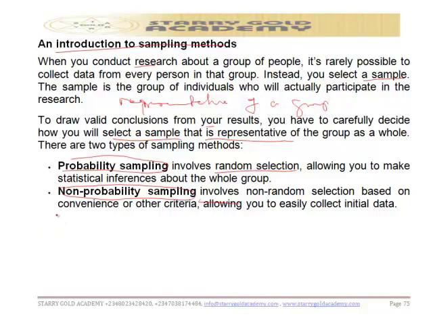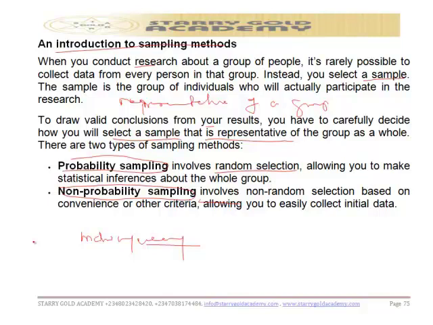So probability sampling is a method of sampling. I want to say it another way. It's a method of sampling in which the researcher has no bias toward any member of the group, and every member of the group has the same chance of being selected in the sample.